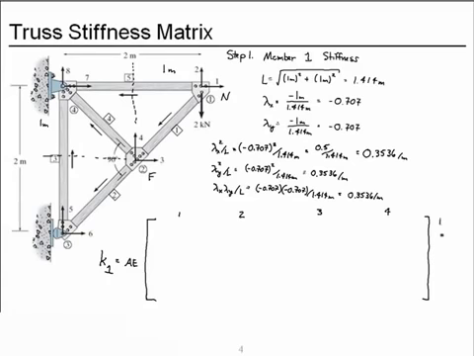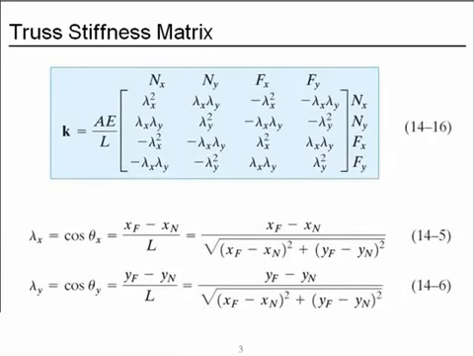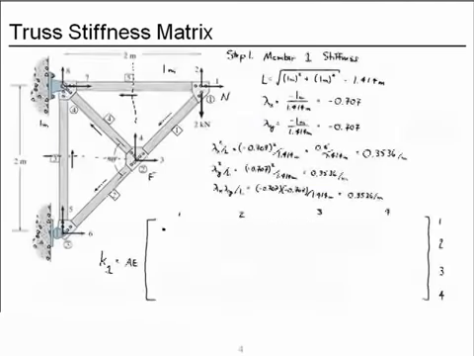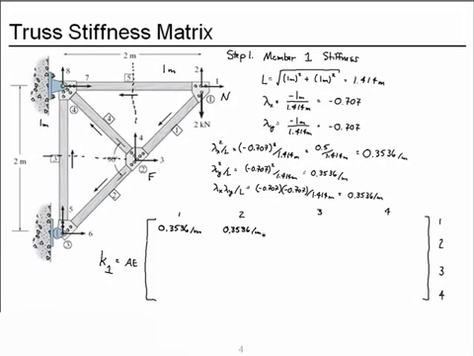So my rows carry the same sequence of degree of freedom numbers. Now from our equation 14-16, our first term is lambda x squared, then we'll have lambda x lambda y, then minus lambda x squared, and minus lambda x lambda y, which for this element is 0.3536 per meter, a 0.3536 per meter.